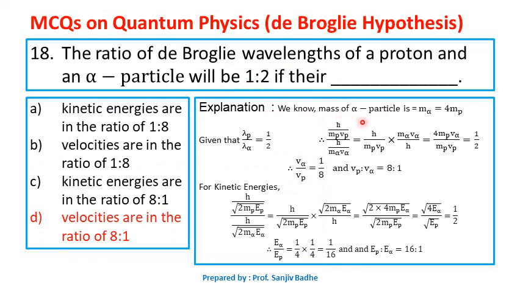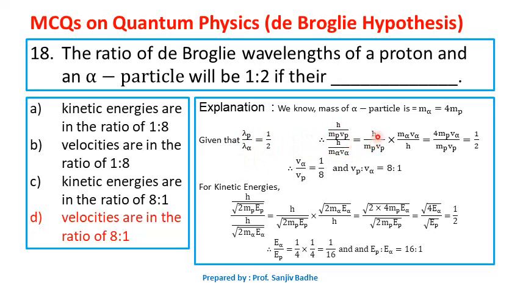To solve this, we will need this relation. Mass of the alpha particle is equal to 4 times mass of proton. It is given that ratio of de Broglie wavelength of proton to de Broglie wavelength of alpha particle is 1:2, that is 1/2. So we can write lambda p upon lambda alpha equal to 1/2. Lambda p is h upon mp vp and lambda alpha is h upon m alpha v alpha.